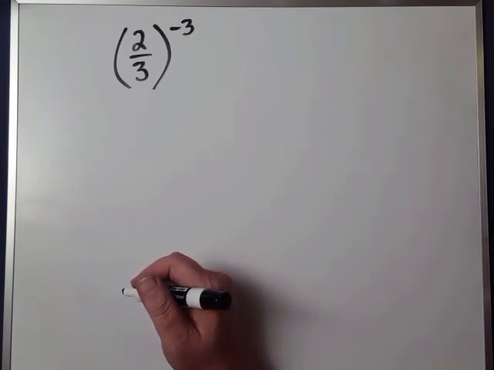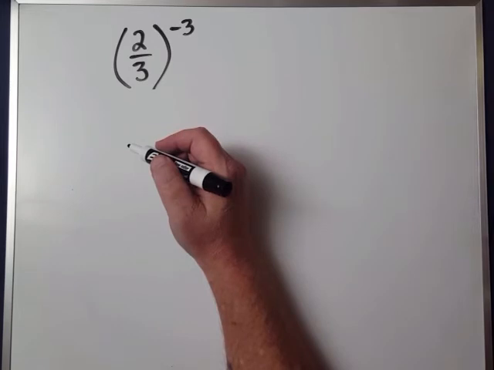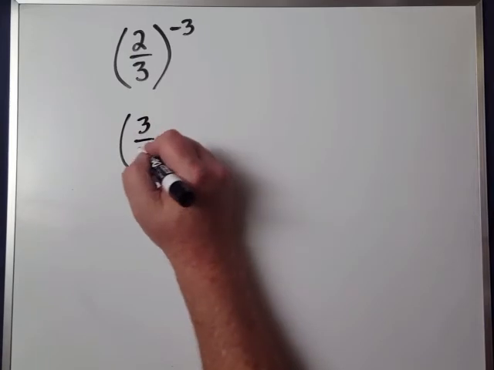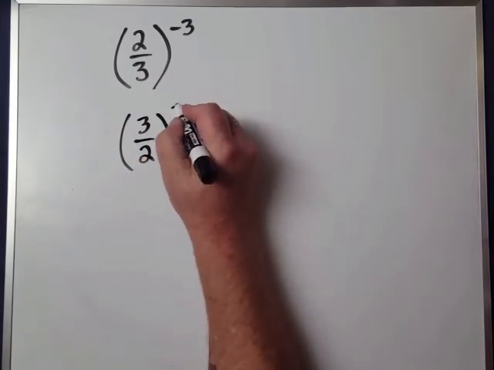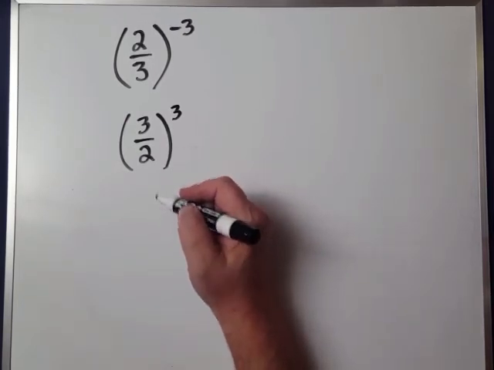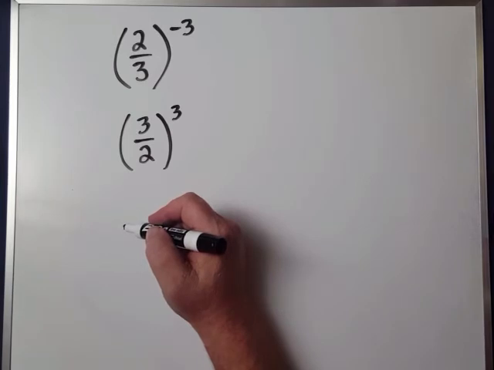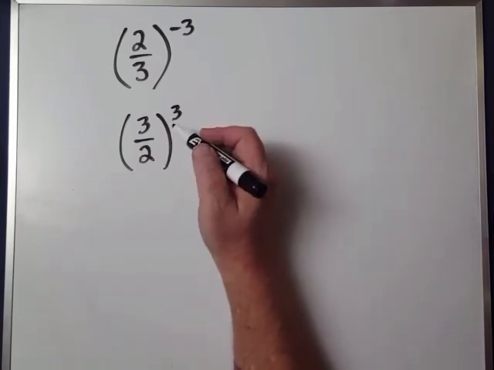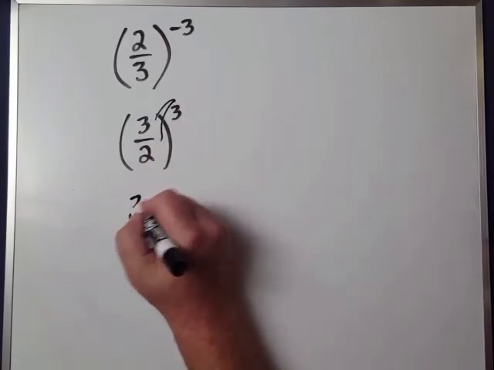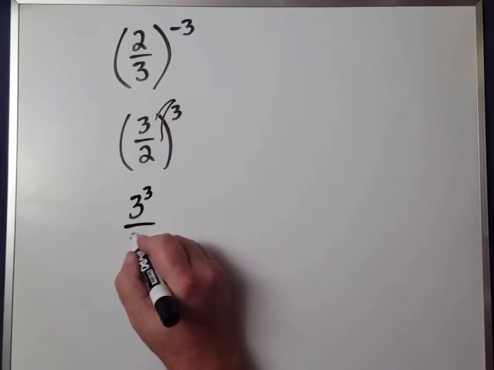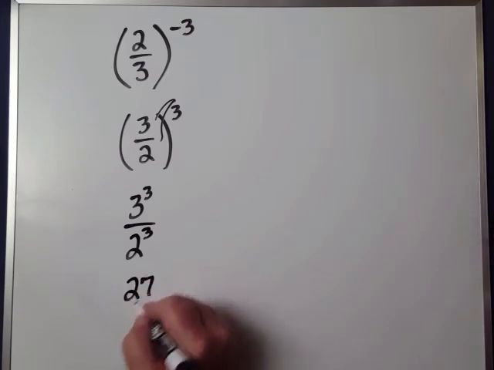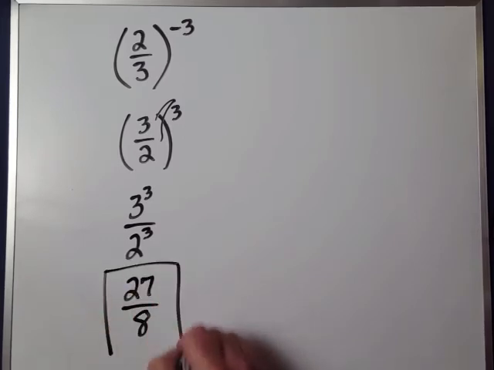We know from our negative to positive rules that if I have a fraction to a negative power, that's the same as its reciprocal to the positive. Now, let me start evaluating. One way I could approach this is to say, well, this is a quotient to a power. I can distribute that power. That gives me 3 cubed over 2 cubed. And 3 cubed is 27. 2 cubed is 8. And that is in lowest terms.